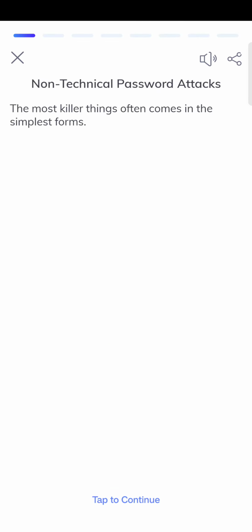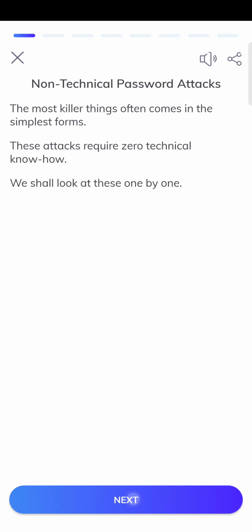The most killer things often come in the simplest forms. These attacks require zero technical know-how. We shall look at these one by one.